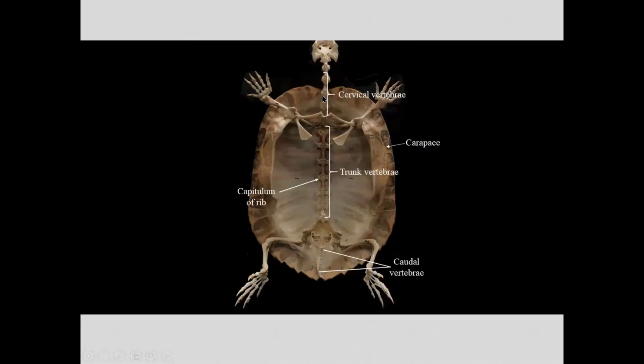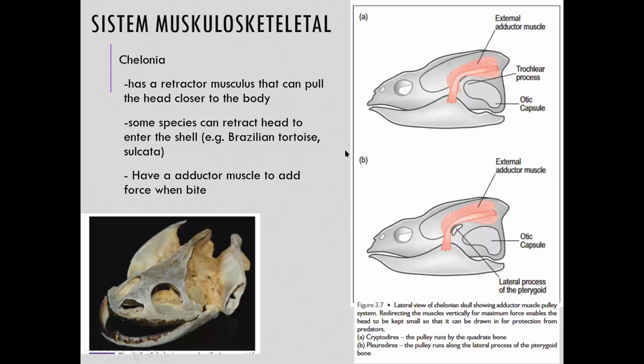This consists of the cervical vertebrae and trunk vertebrae, or we call it presacral, sacral, and coccygeal. Okay, their musculoskeletal system: they have an external adductor muscle, and they have a retractor muscle that can pull their head and their tail closer to their body. The majority of species can retract their head and tail into the shell, just like many species of freshwater turtle and tortoise, especially the Brazilian tortoise and sulcata.